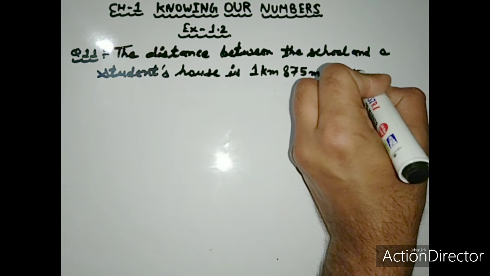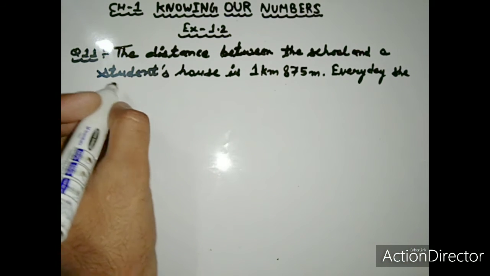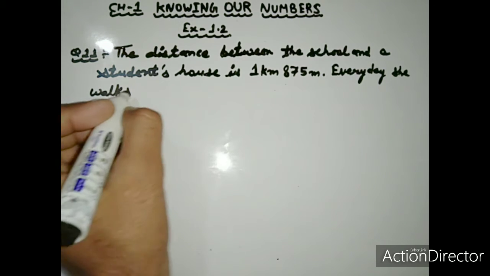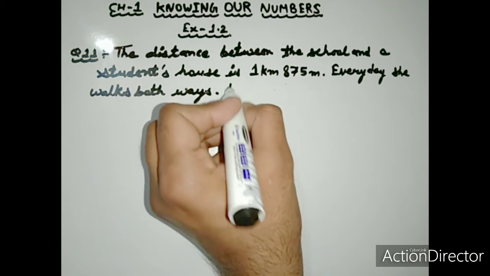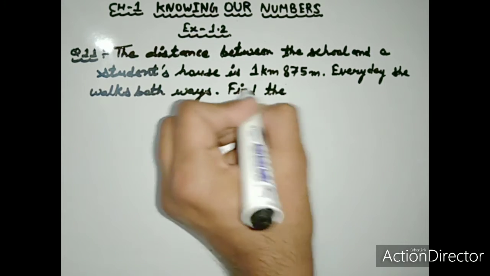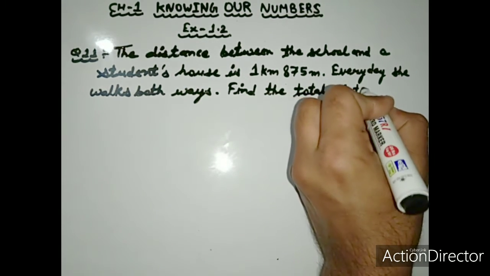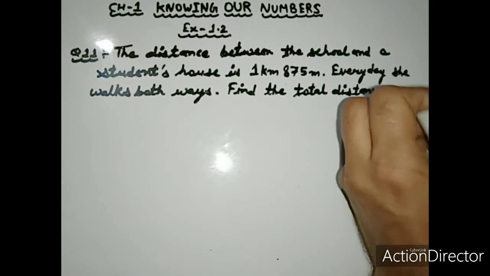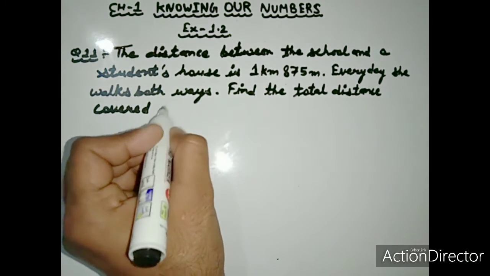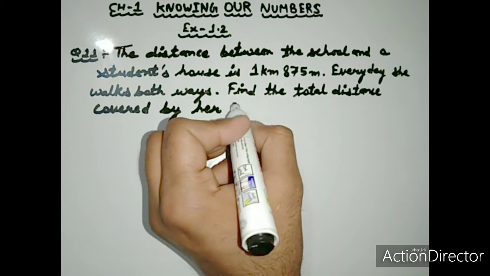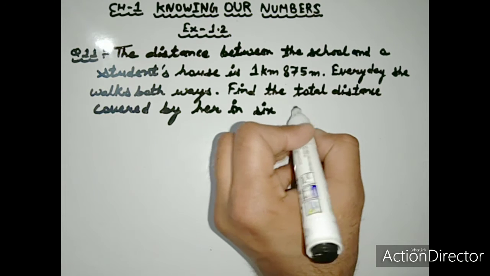Every day she walks both ways. Find the total distance covered by her in 6 days.